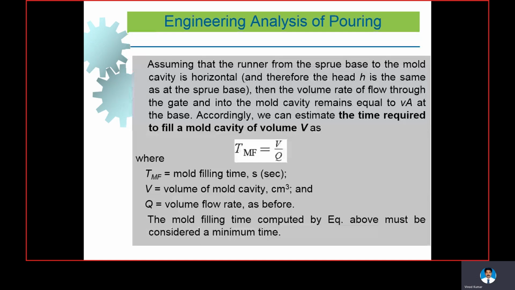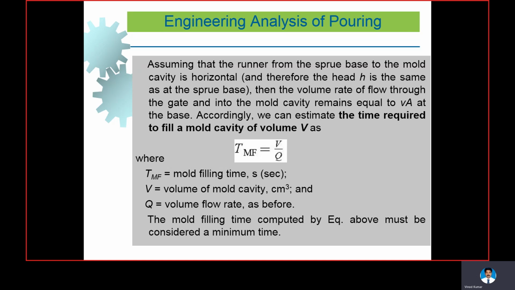This will help the molten metal reach the cavity quickly because the velocity increases. Enough velocity will be produced for the molten metal whenever it reaches the bottom side of the sprue, because we have given a taper, and hence area decreases and velocity increases.